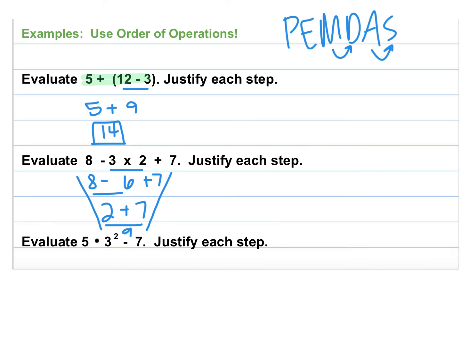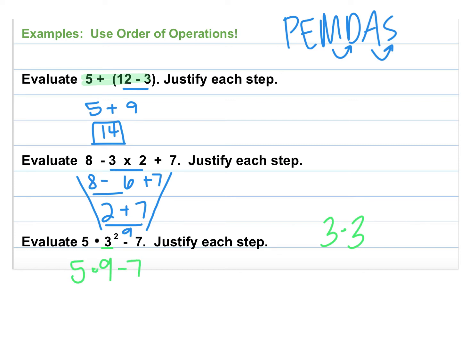Next one, 5 times, that means multiplication, that dot, 3 to the power of 2 minus 7. To solve this, we don't have any parentheses, so we are going to move on to our exponents. 3 squared, off to the side here, remember that means 3 times 3, not 3 times 2, which is 9. Carry down the rest of the problem.